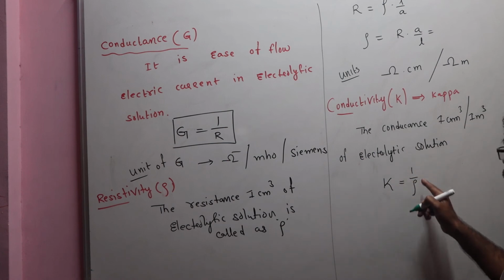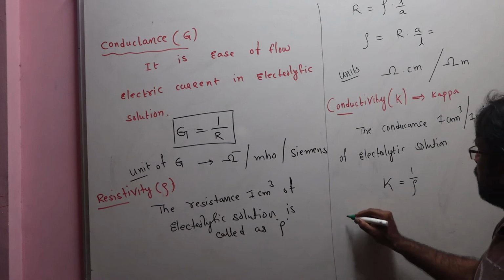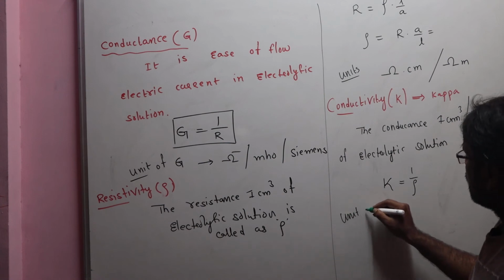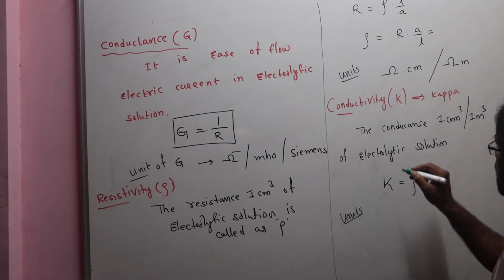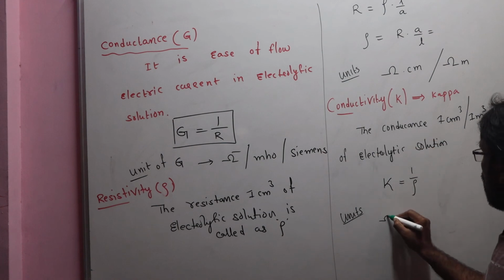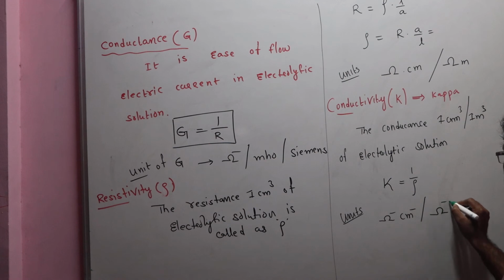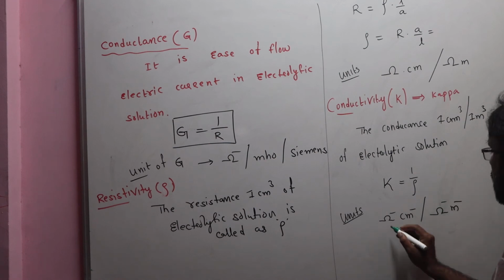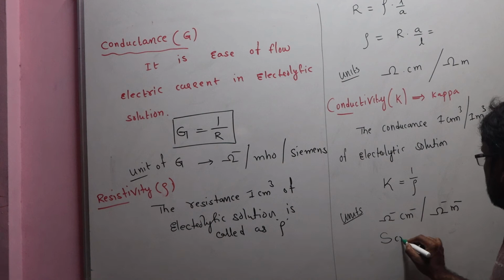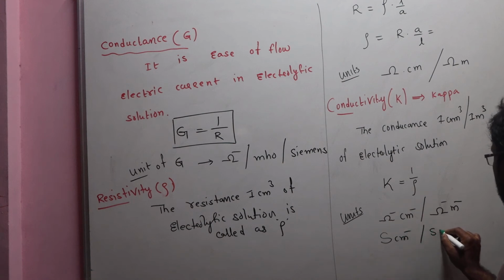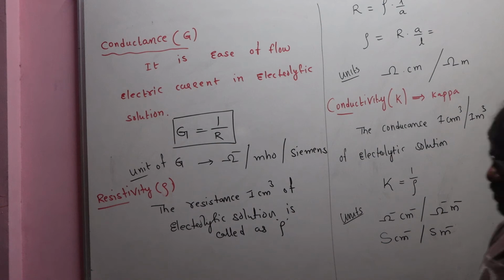So K is equal to 1 by rho. Then what are the units of conductivity K? Ohm inverse centimeter inverse, ohm inverse meter inverse, or Siemens centimeter inverse or Siemens meter inverse are the units of conductivity K.